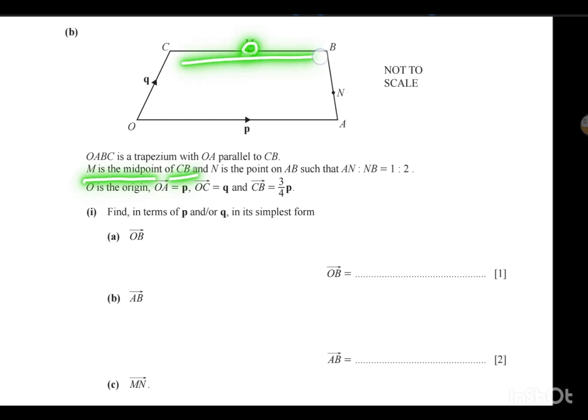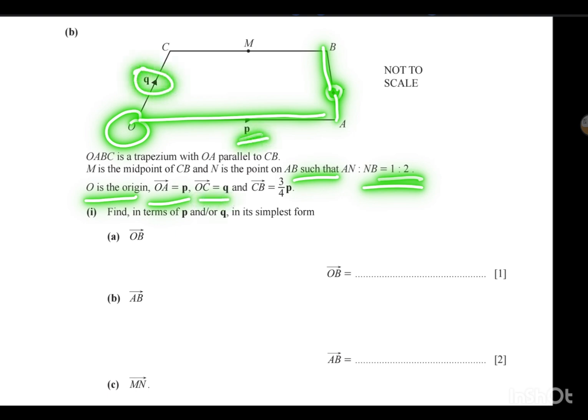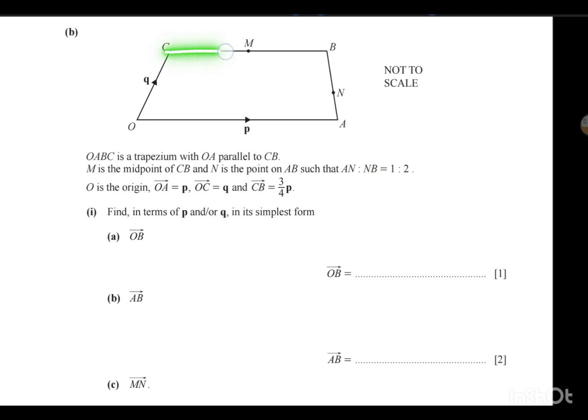It's the midpoint of this line CB, and N is a point on AB such that AN is to NB is equal to 1 is to 2. O is the origin, OA is P, OC is Q, CB is 3 by 4 of P. So this is 3/4 of this line.